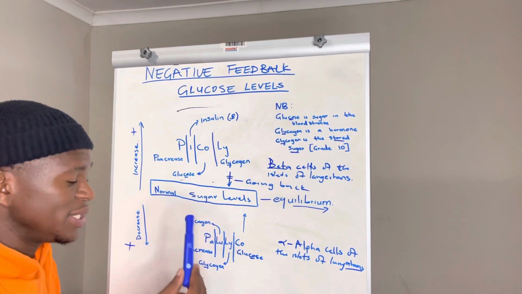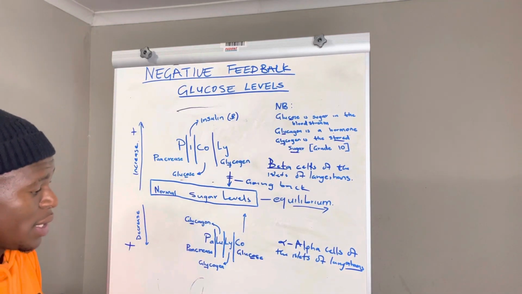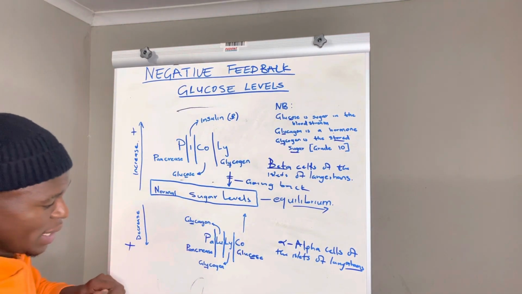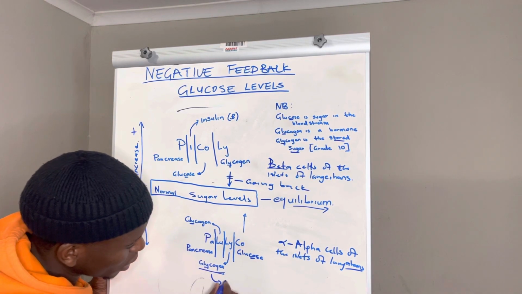Once the glucagon has been secreted, the alpha cells of the islets of Langerhans will convert glycogen. This is the stored sugar. We have this in the storage.